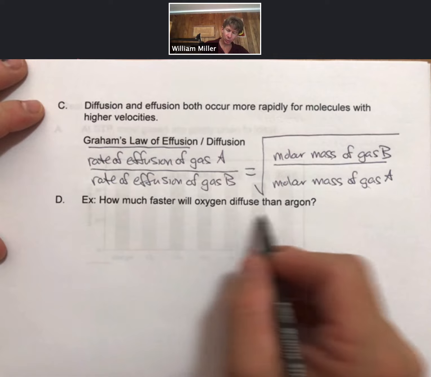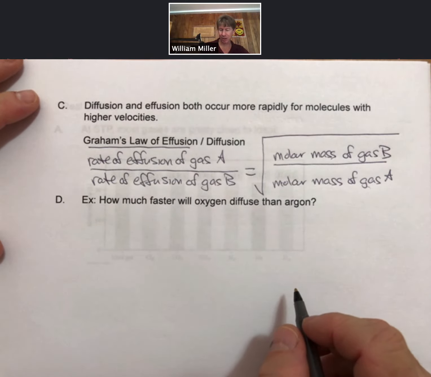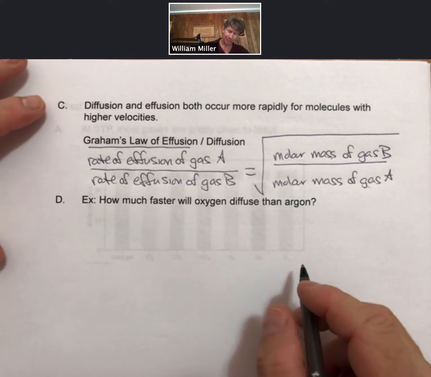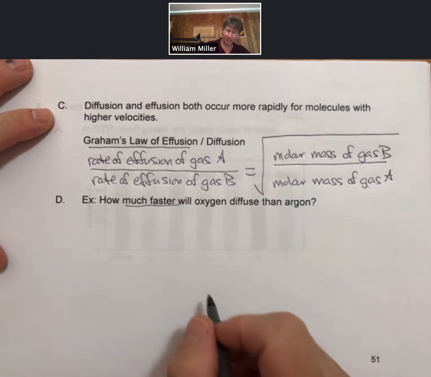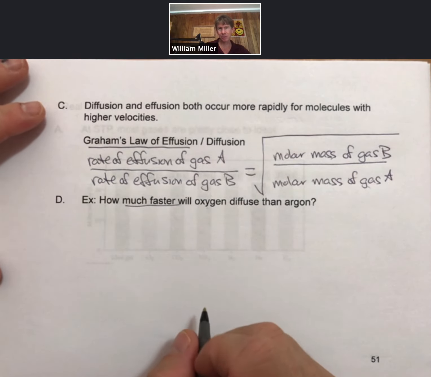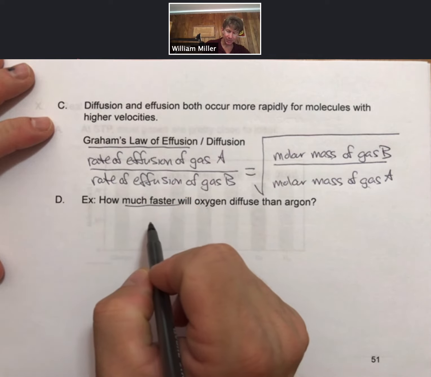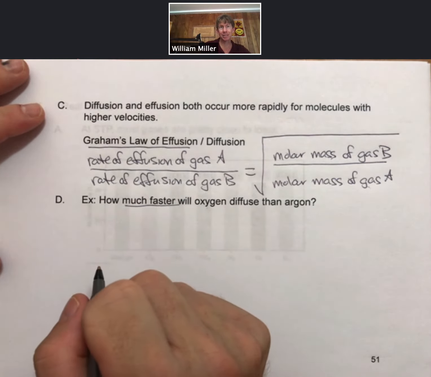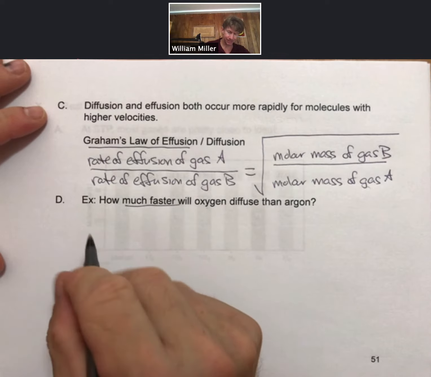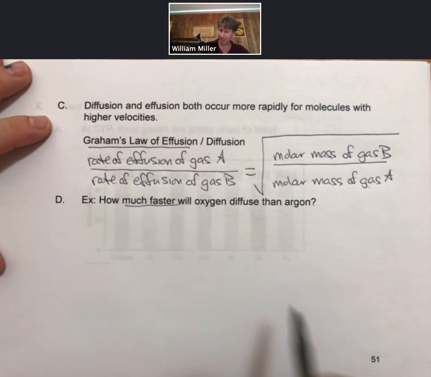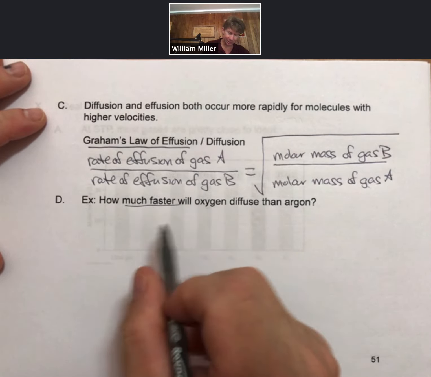We can do one sample problem which says how much faster will oxygen diffuse than argon. The answer is going to be that the rate will be faster. Let's go ahead and plug this in.